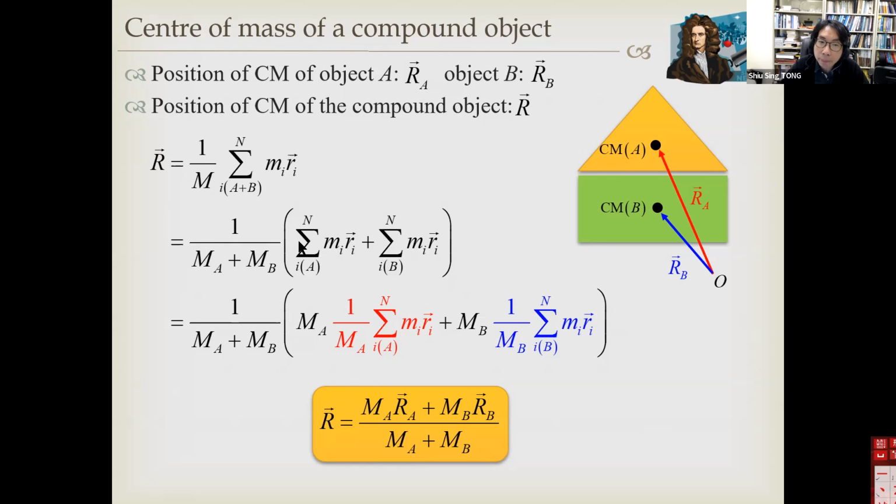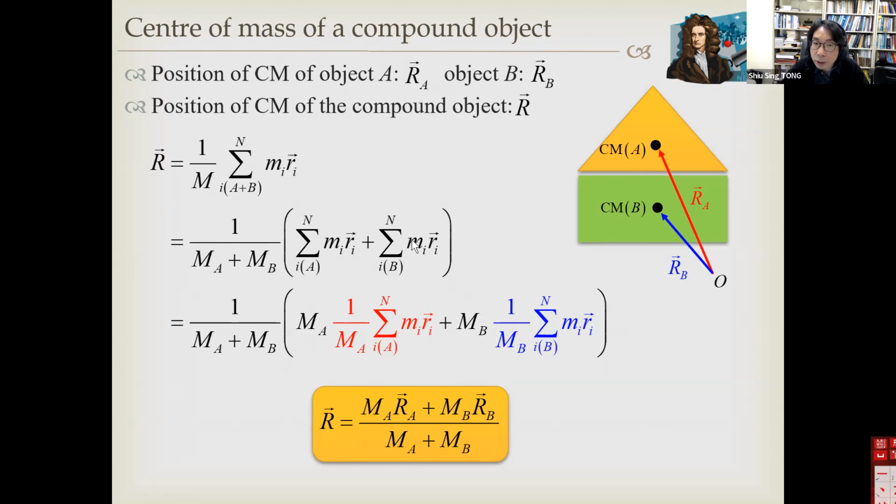But here comes the trick. Now I divide the summation over object A by the mass of object A, and then I multiply by MA, the mass of object A, again. So the MA will cancel, meaning that I've done nothing.